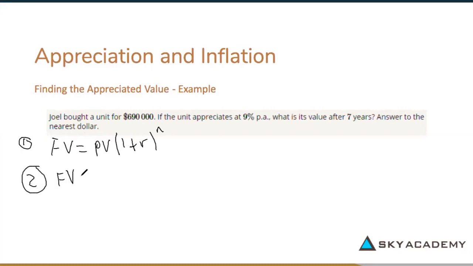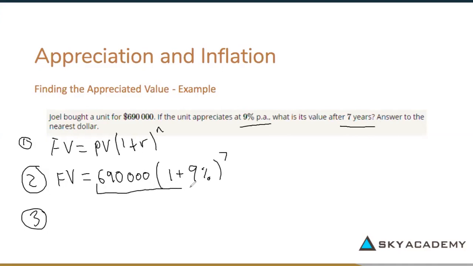He bought the unit for $690,000. 1 plus, the 1 is constant, there's always going to be a 1 there. 1 plus our rate, which is 9% per annum or per year, and our number of time periods is in years, so we don't have to change it, it's 7 years.